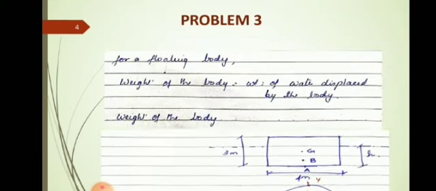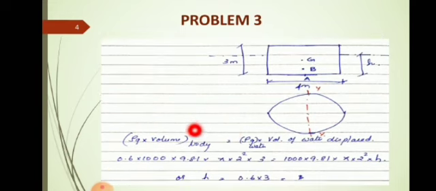Now what is the weight of the body? Weight of the body will be equal to rho g, the weight density, multiplied by the volume of the body. This is equal to the weight of the water displaced. How will you get the weight of the water displaced? Weight density of water multiplied by the volume of water displaced.